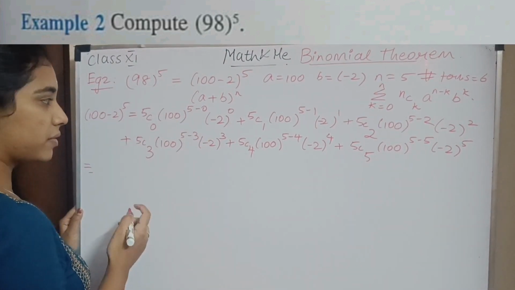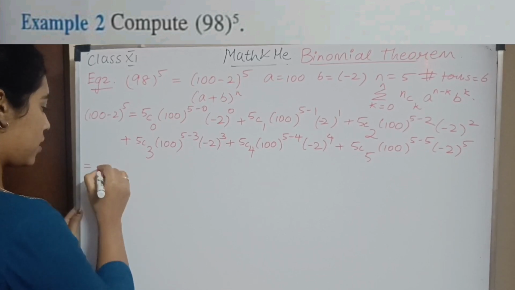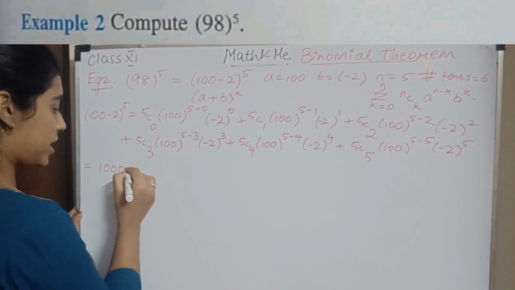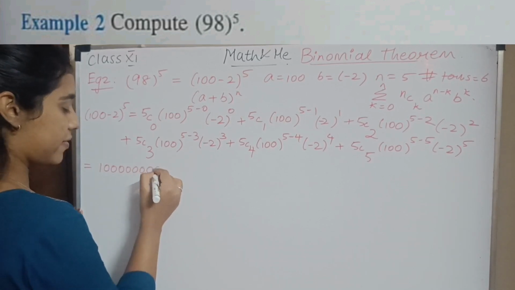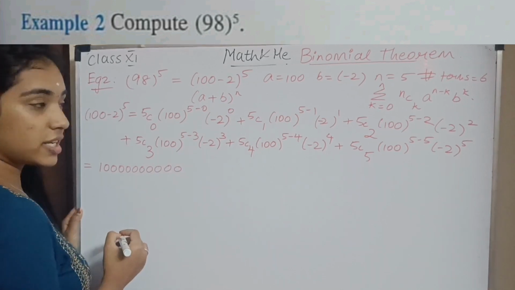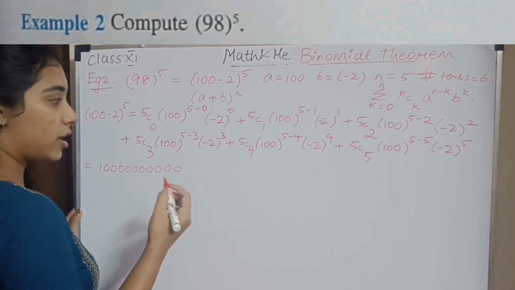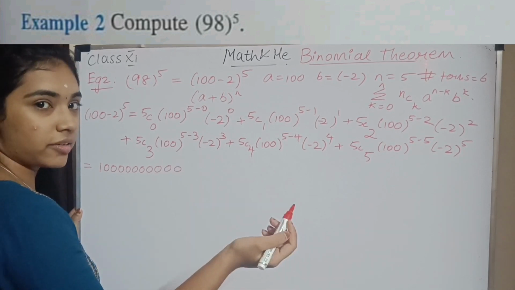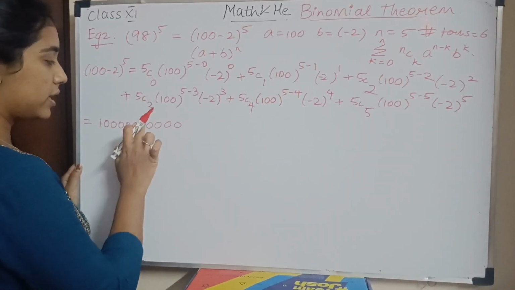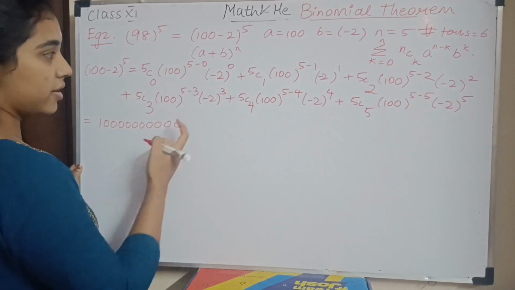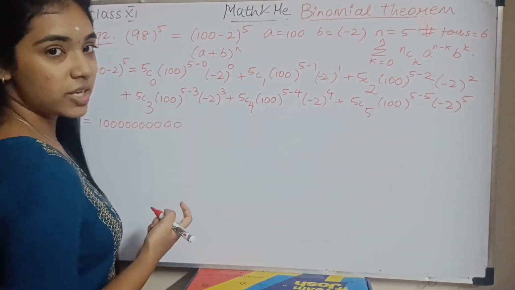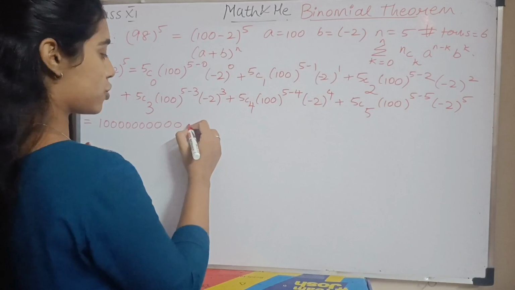What is 100 to the power 5? It is 1 followed by 10 zeros. So 100 times 100 times 100 times 100 times 100, 5 times 100. So you have 10 zeros. Okay. So it is 100 times minus 2 to the power 0 is 1. So first term is over.